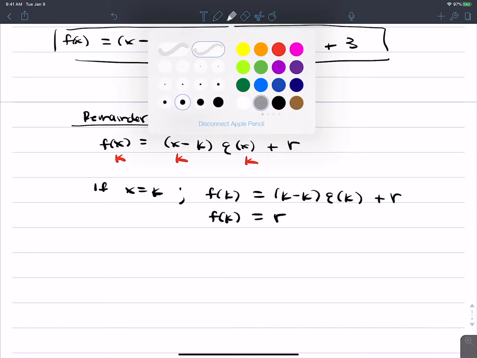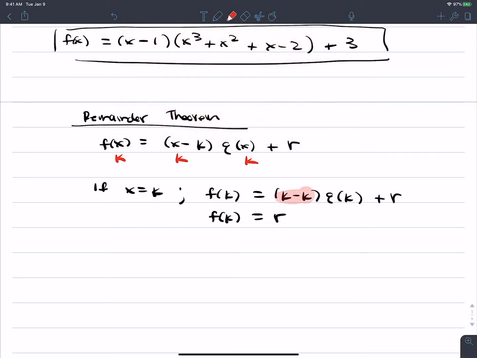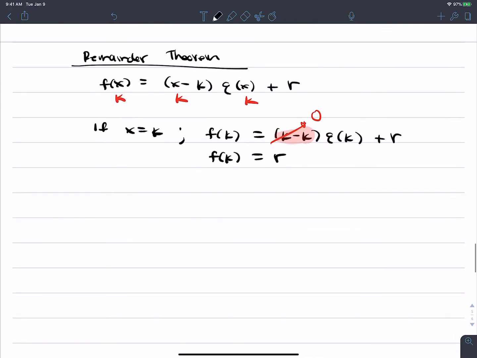Because what I have here, k minus k, this value here is going to be 0. So we're going to use this information here to find the remainder.